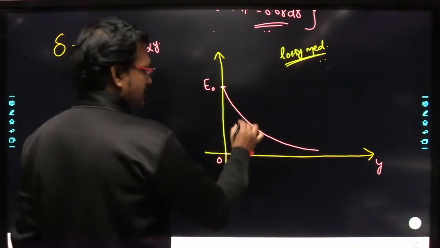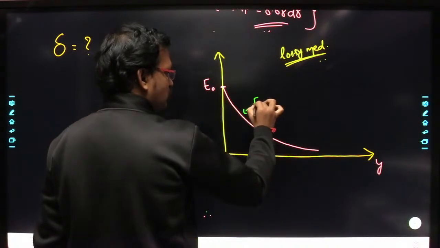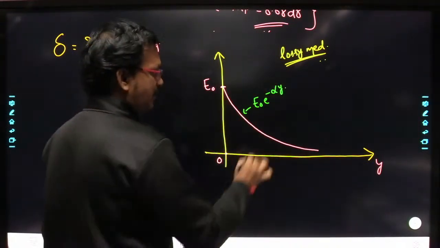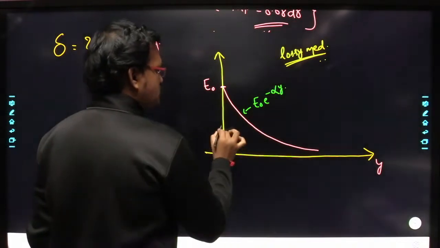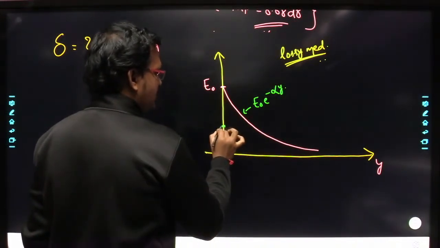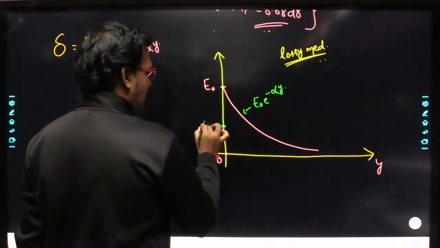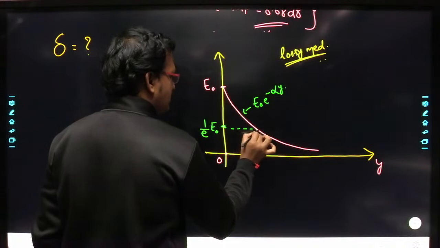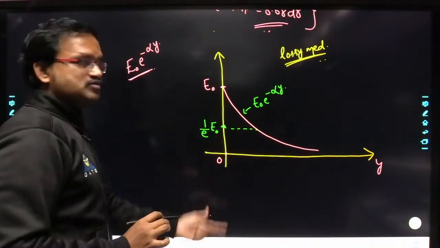So here the amplitude is decaying as E naught into e power minus alpha into y. Let us say at this point, the amplitude has become 1 by e times of E naught.